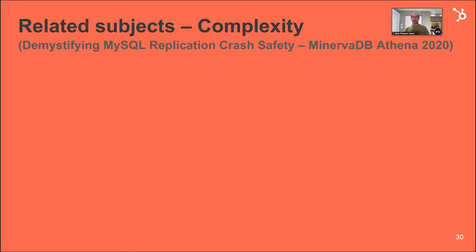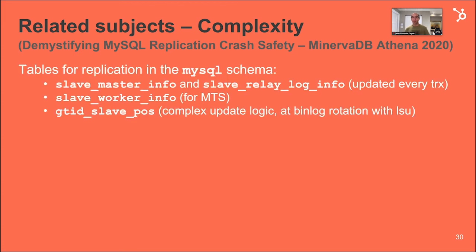So about complexity. How to start on this? All this is quite complex. And even with all the complexity we added in this talk, I want to point out that there are many tables to store replication information.